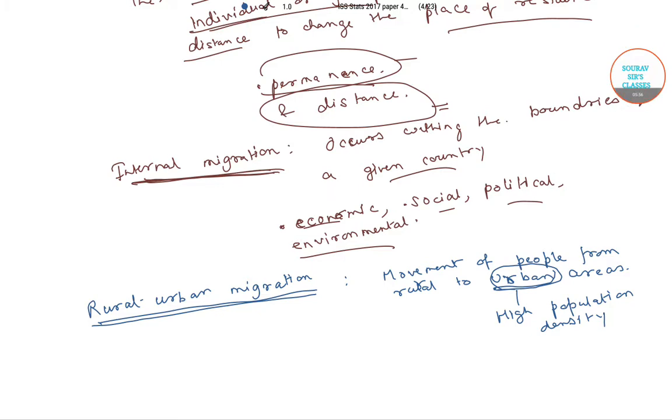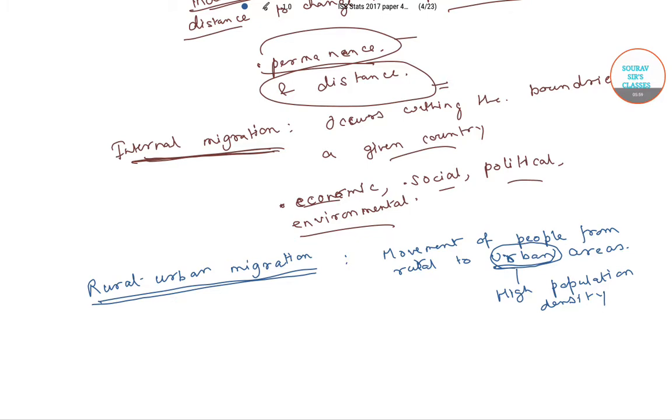So the urban areas are the human settlements with high population density, better infrastructure, and more opportunities. And similarly, the rural areas are the human settlements. Usually, rural areas comprise villages, and urban areas comprise cities and towns.